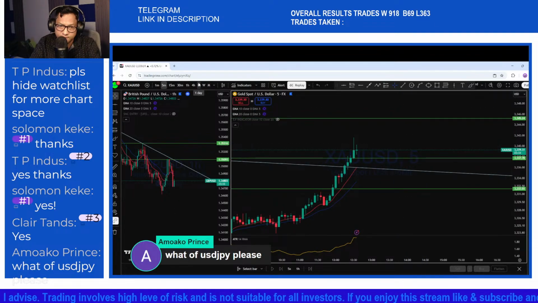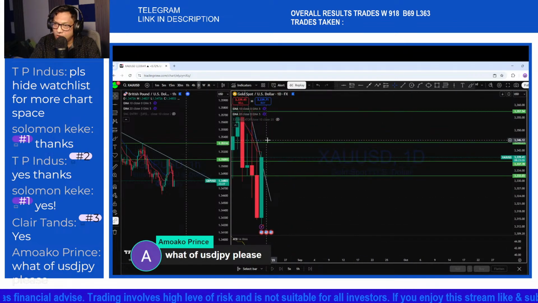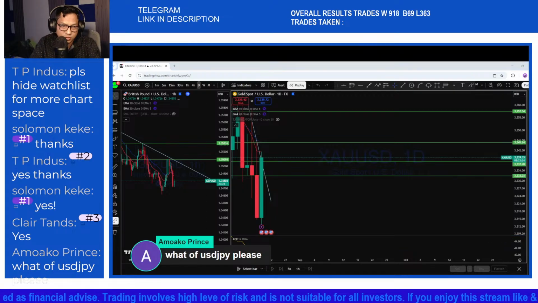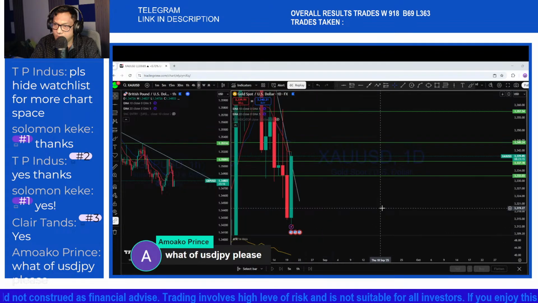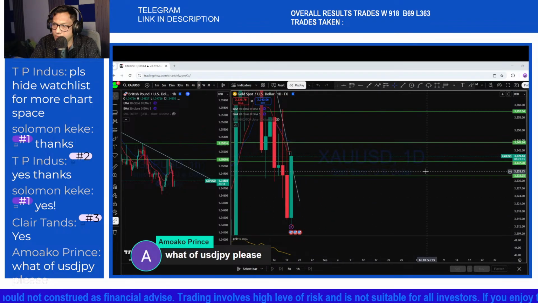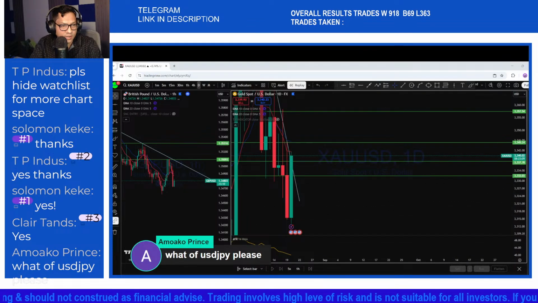If we look at that, that's where the market is currently, which is a high liquidity zone. That's where you can look.